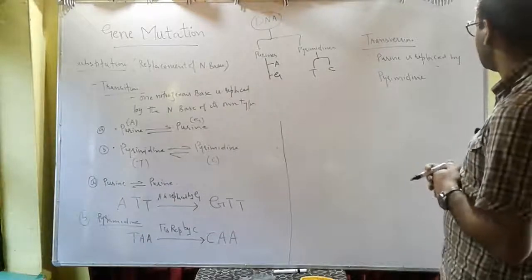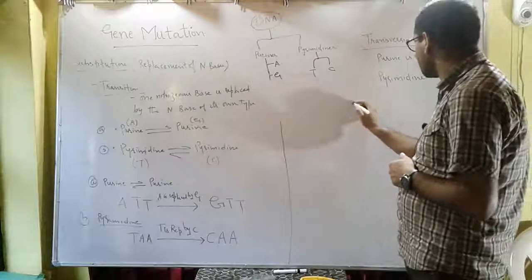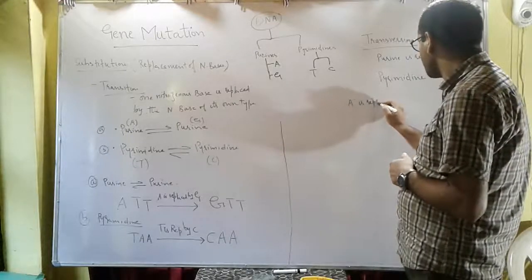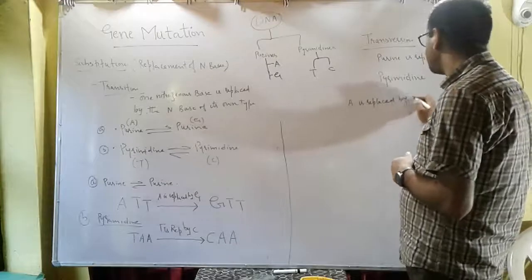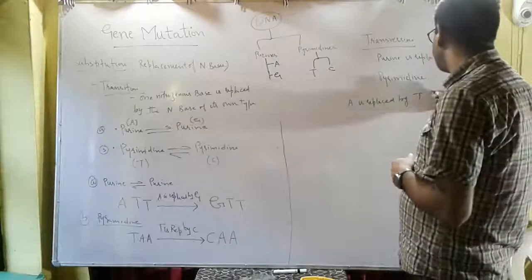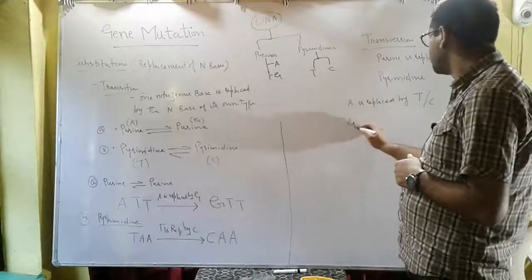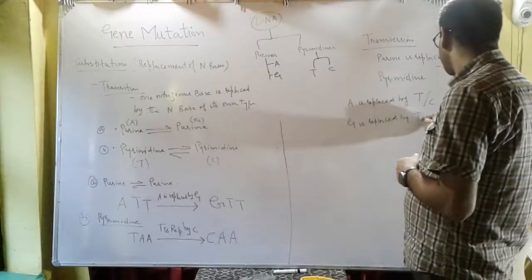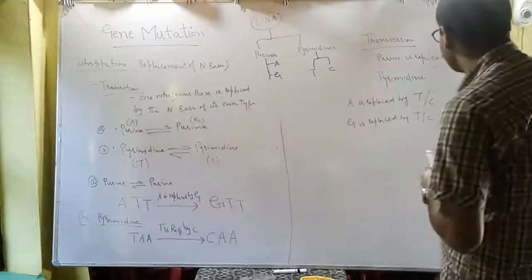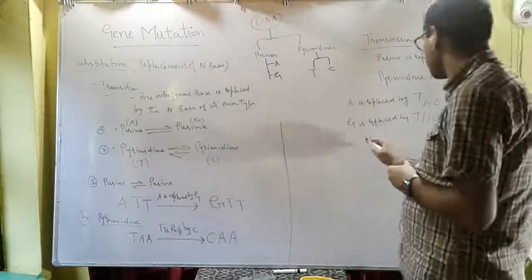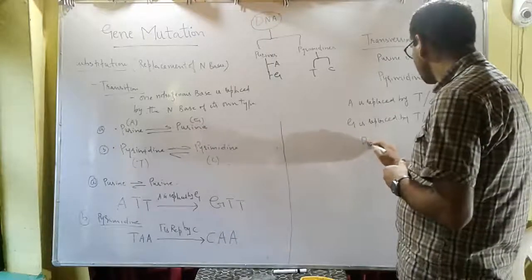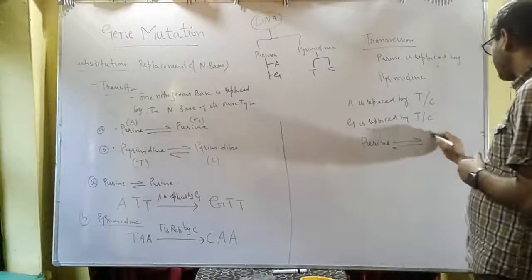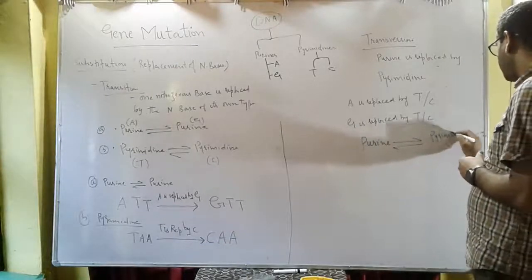That means, for example, A is replaced by T, or A is replaced by C. Same is the case, G is replaced by T or C. So we can say that here purine is replaced by pyrimidine in case of transversion.